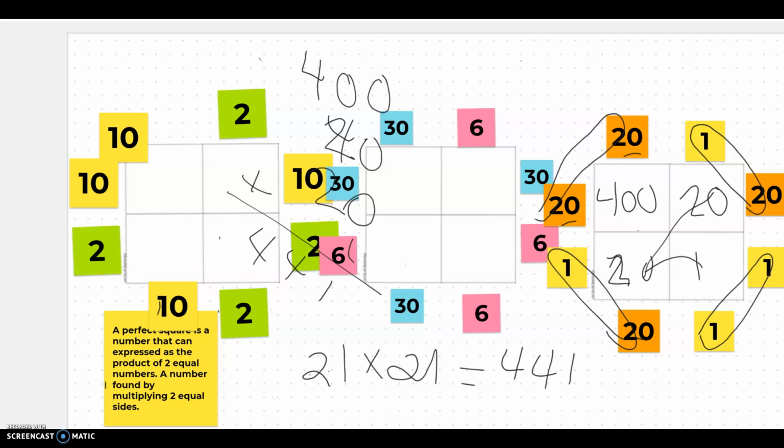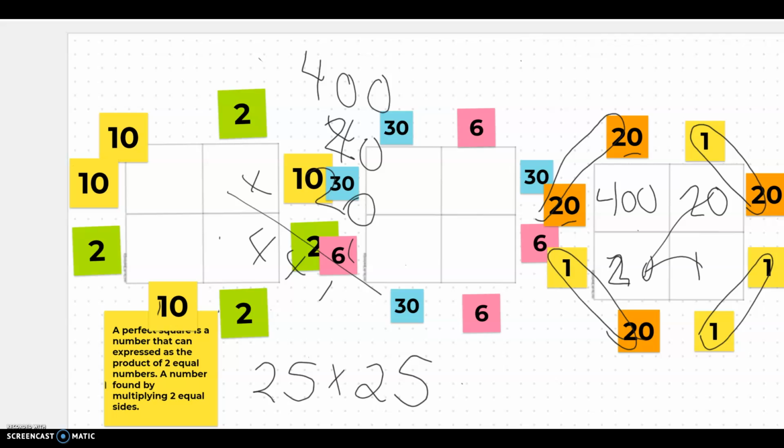All right, so this is the way that you use perfect squares. So I think on your paper, your perfect square that you're trying to find the answer to is, let me see, I think it's 25 times 25. So you know that your first thing is going to be to probably create a square model.